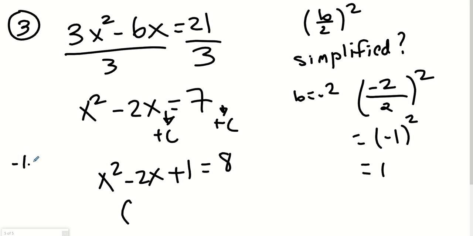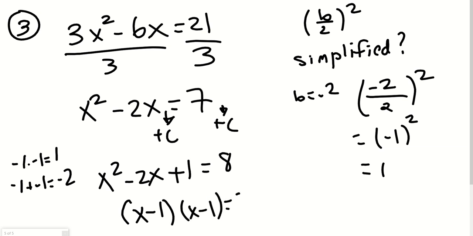Well, I know negative 1 times negative 1 is 1. And negative 1 plus negative 1 is negative 2. So these have to be my two factors. x minus 1, x minus 1 equals 8. And we know this is the same as x minus 1 squared equals 8.